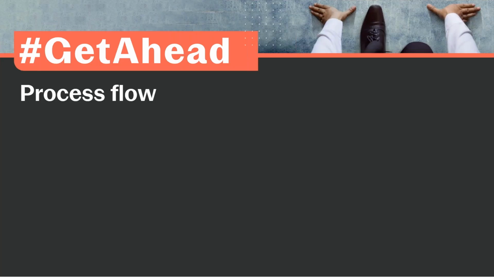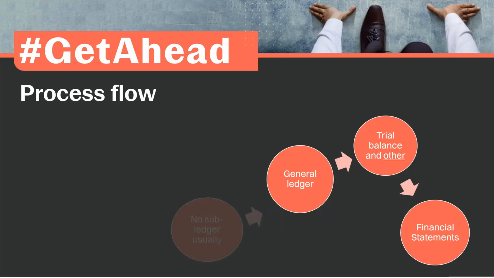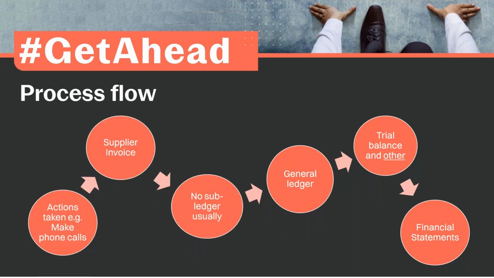Right. So let's do a little rehash on occurrence, because this is what we're about to test. Remember everyone, if I want to test occurrence, I want to make sure that the transactions recorded in my financial statements, my trial balance, my general ledger, have in fact happened.